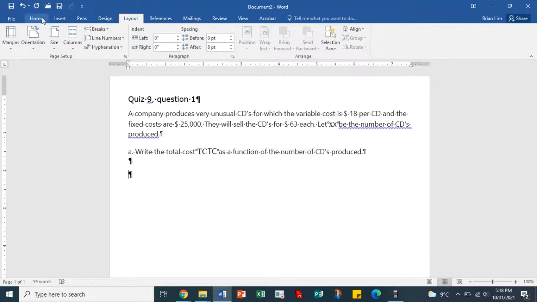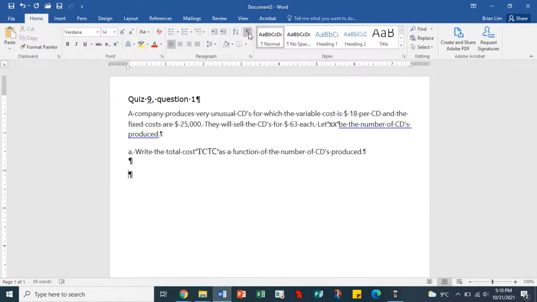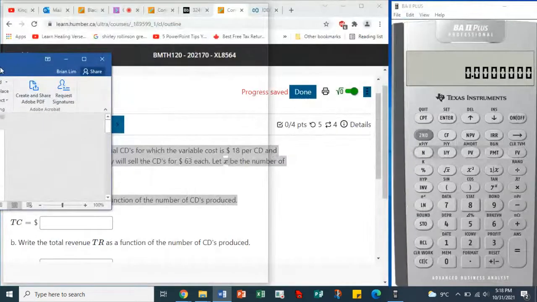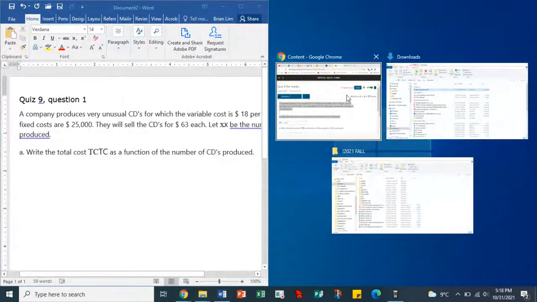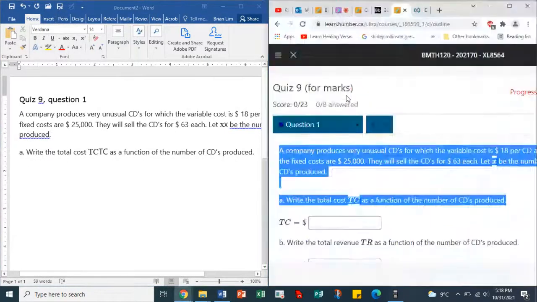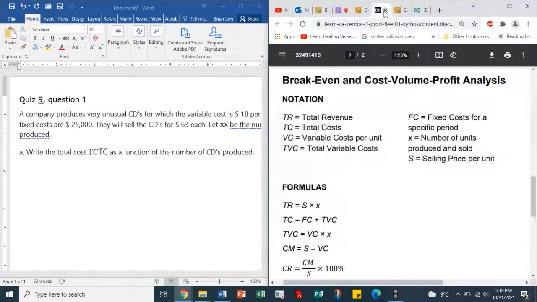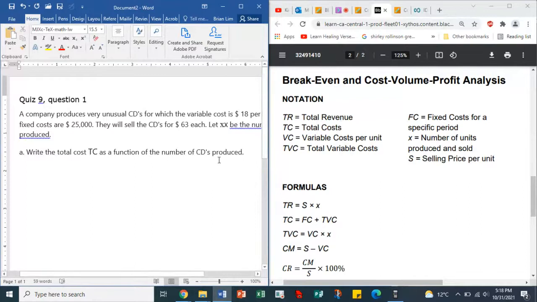So what are we trying to do? Maybe we should push this over there and then try to get the formula sheet up here. What are we going for? The total cost. Total cost is a function of the number of CDs produced.